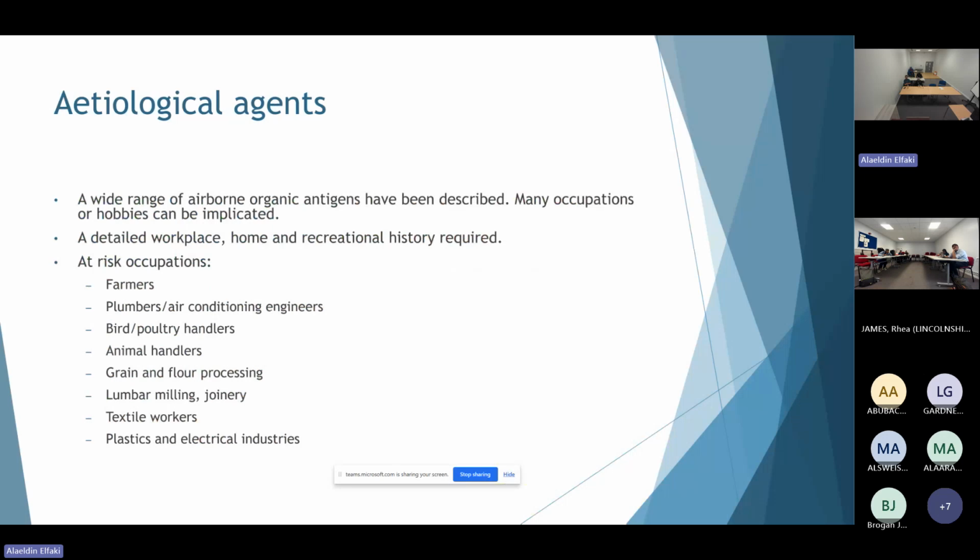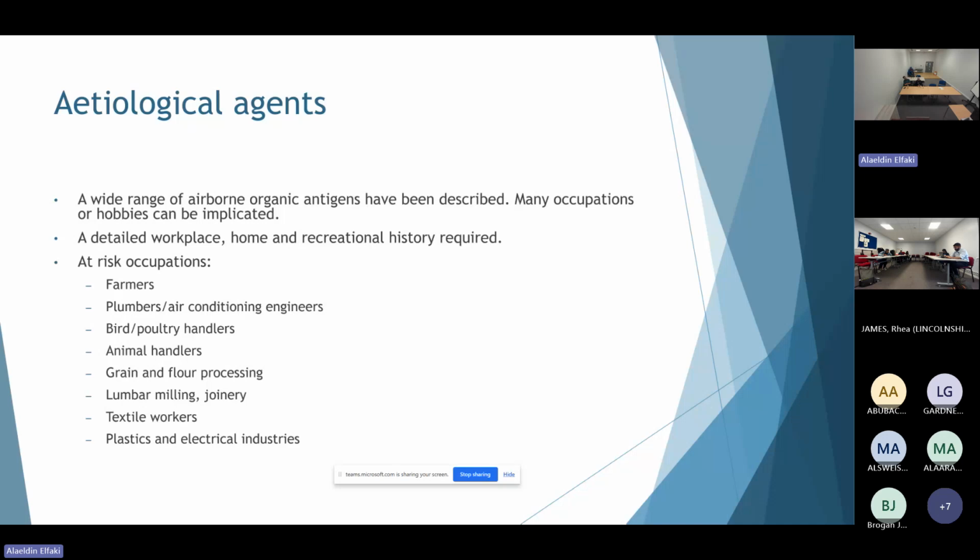Lots of etiological factors have been nominated for extrinsic allergic alveolitis or hypersensitivity pneumonitis, like people who are in farming, bird breeders, people who are working in textile, plastic, or processing, people who are handling animals, birds, for example.